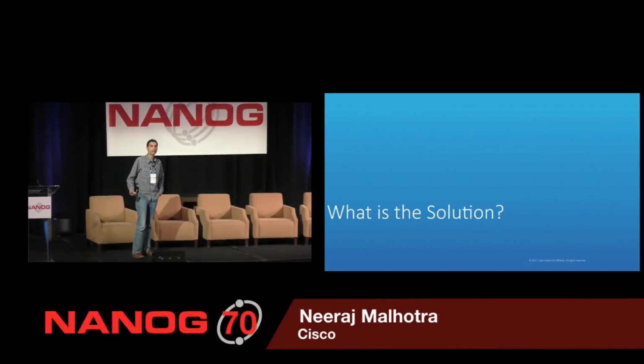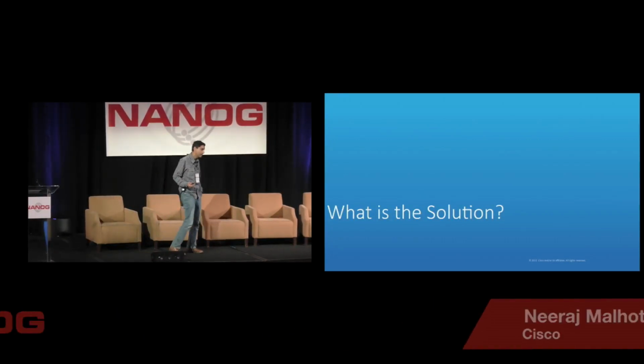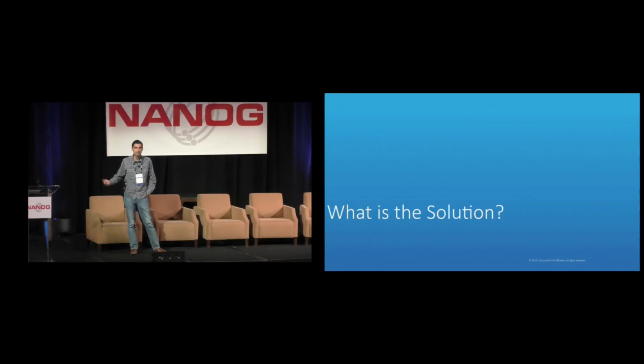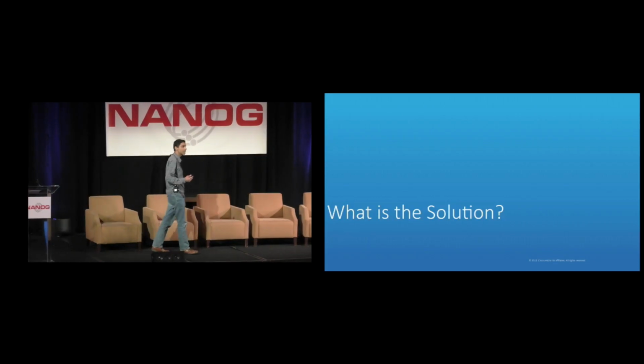Before we dive into the solution, I just wanted to say a couple of things on EVPN. EVPN as a technology spans multiple market segments. Broadly, it has use cases across carrier Ethernet, service provider, layer 2 and layer 3 VPN services, as well as in the data center. In the talk today, we focus specifically on the data center use case of EVPN.